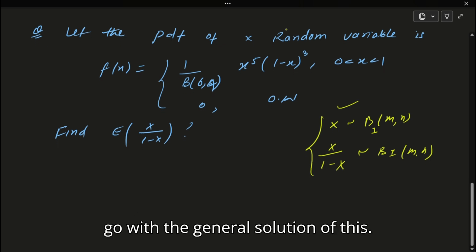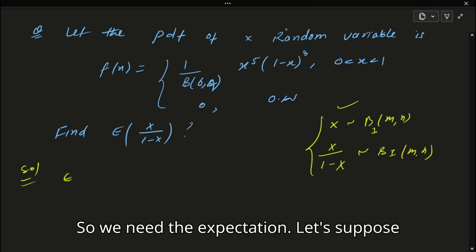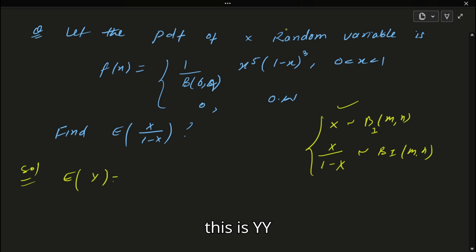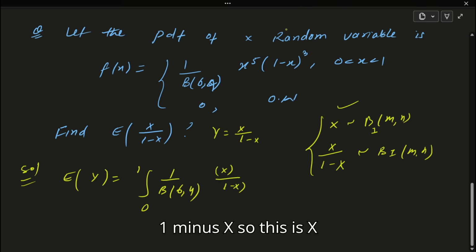Now we go with the general solution of this. We need the expectation. Let's suppose y is equal to x upon 1 minus x. The range is always 0 to 1. So it is 1 upon beta 6 comma 4, expectation of y, that is x upon 1 minus x, so x^5 (1 minus x)^3.